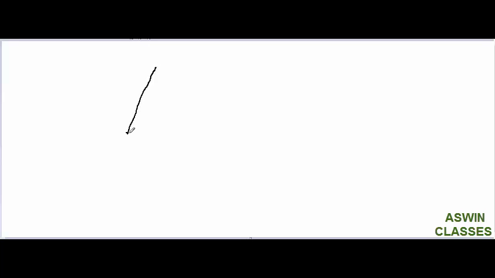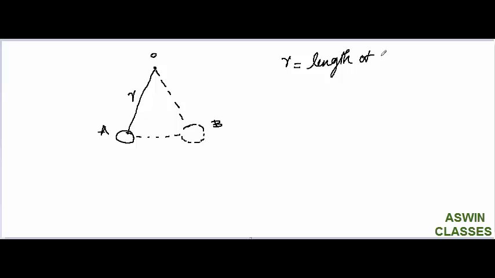Suppose this be the pendulum. Let O be its center. The pendulum is swinging like this. Let A be its initial position and B be its final position. This is the length of the pendulum. This length will form the radius. So R is equal to the length of the pendulum.